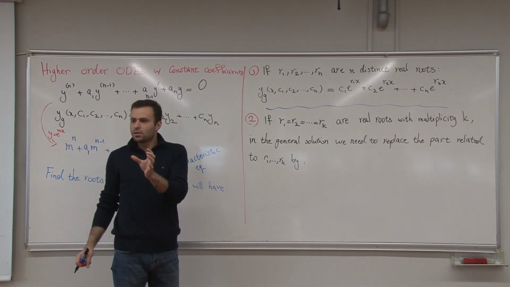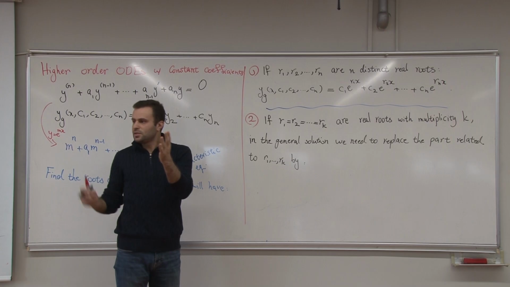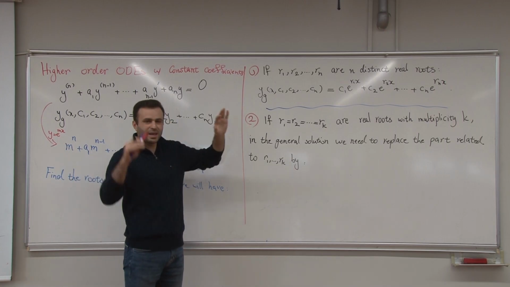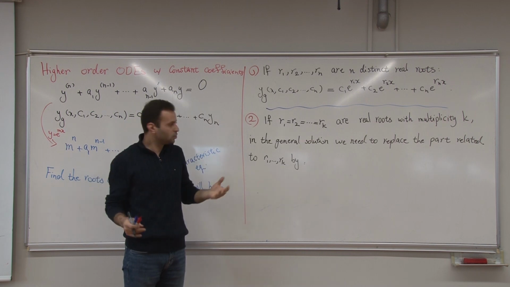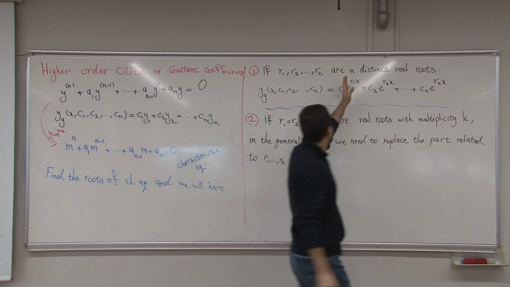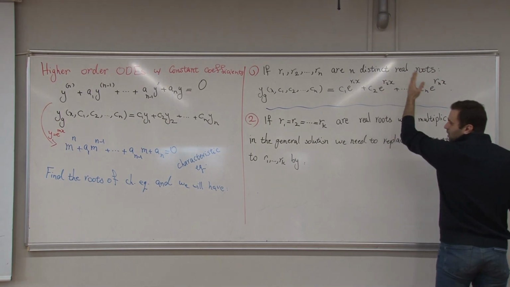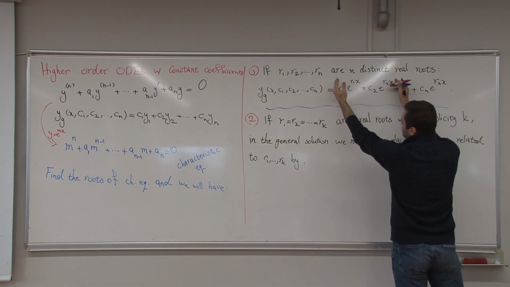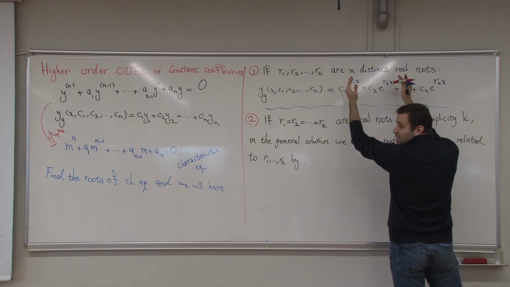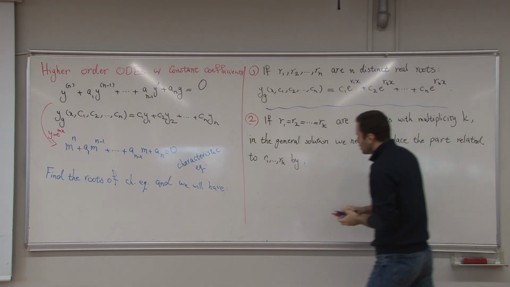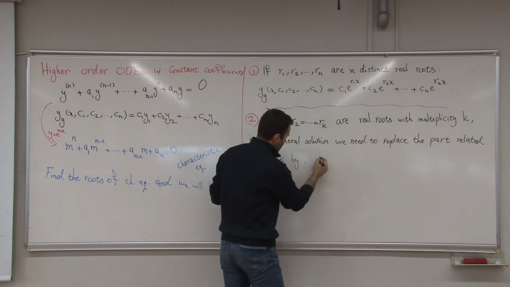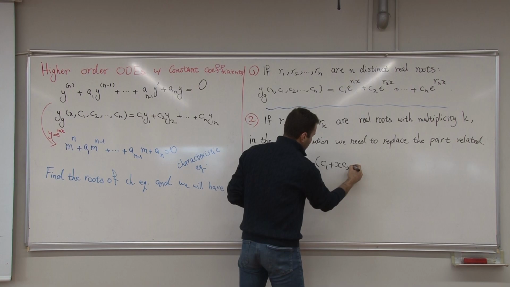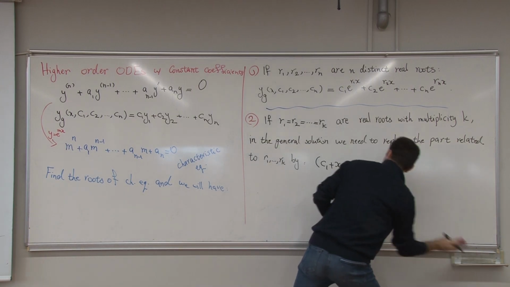I'm just having one of the roots repeated k times. And since I'm going to make it easier to write, assume that the first k of them are the same roots. So instead of writing them separately, in this part where we see k terms, instead of that, write c1 plus x c2 plus, or it says c2 x.